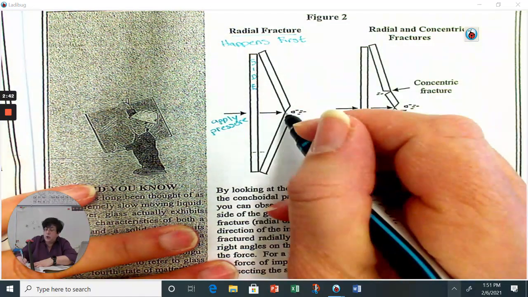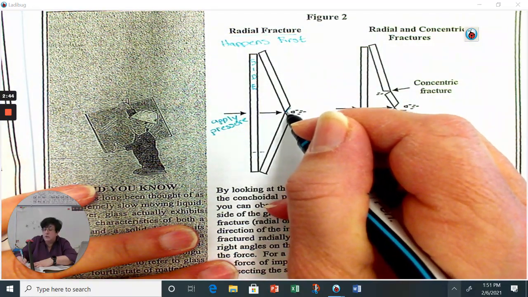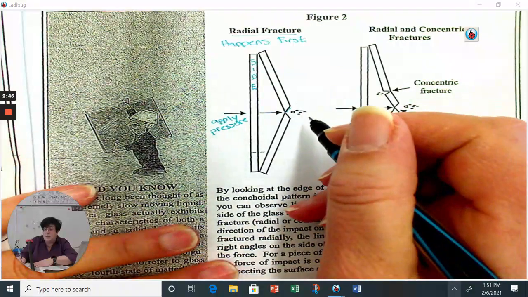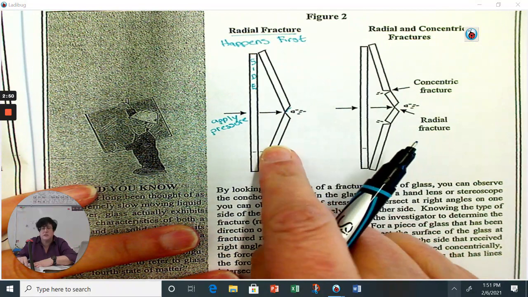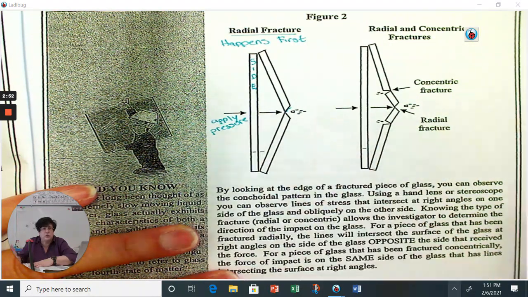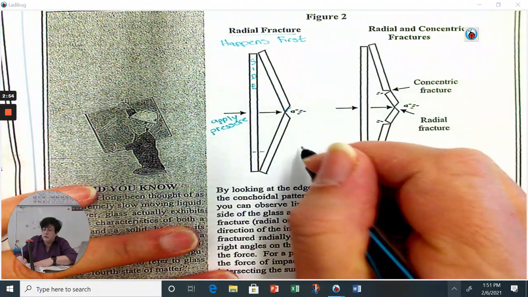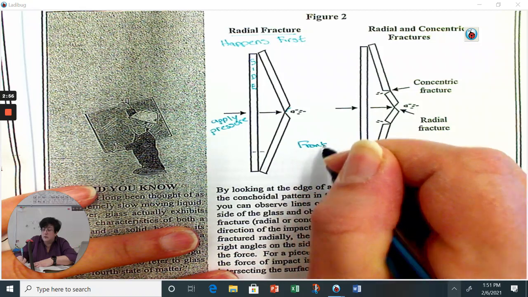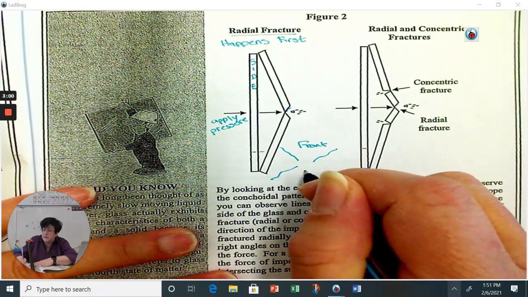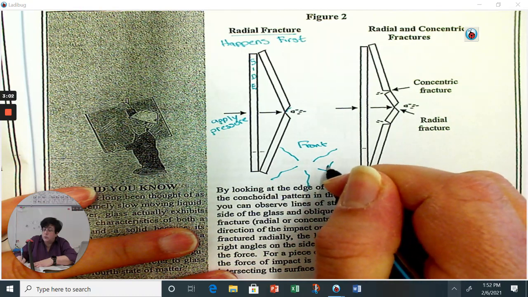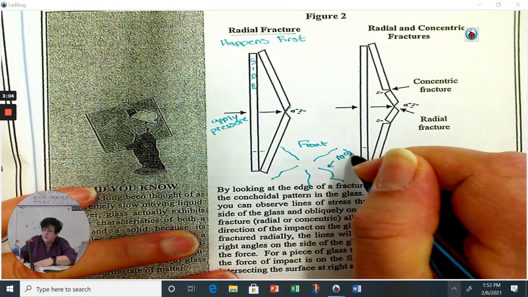So if I push, I have these little lines that radiate outward from the center of the break. And it's so hard to visualize in a 2D drawing. If I look at the front of the glass, I would have the place where there was the pressure, and then these breaks outwards. These are the radial, and they happen first.